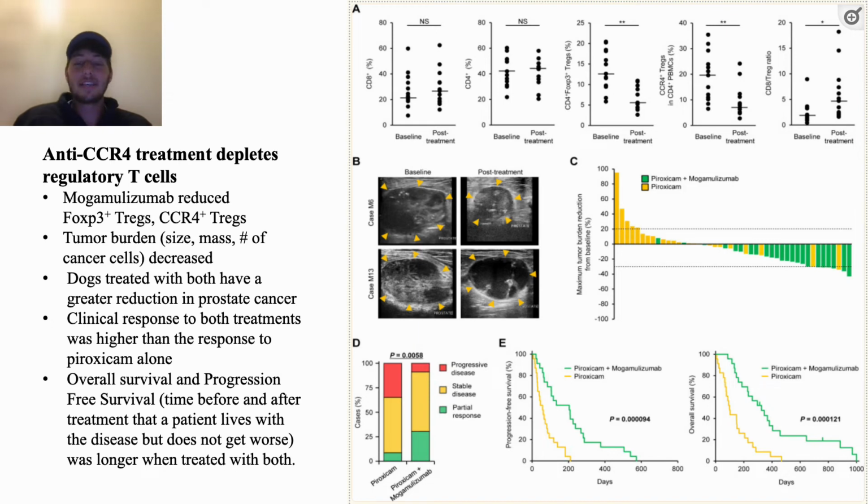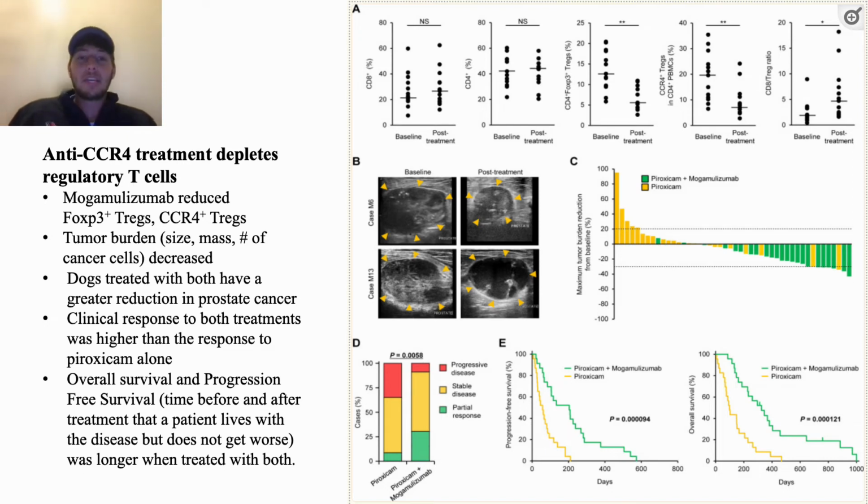So here is the first slide where we really see data on how using anti-CCR4 treatment depletes regulatory T cells. As you can see up here, don't get bogged down with all that is on this slide. I will make it as easy to understand as possible, trust me.